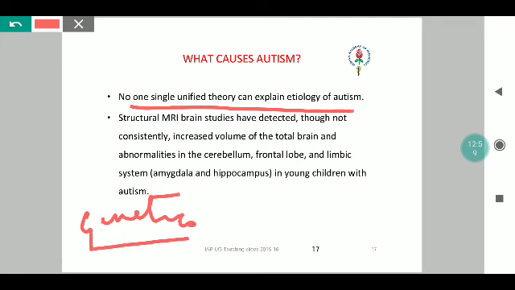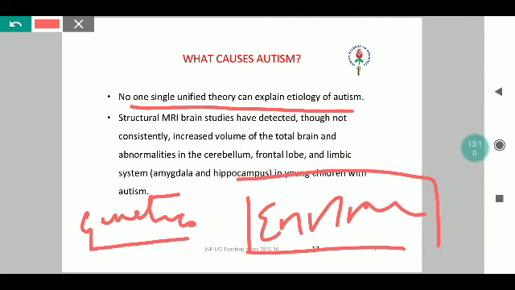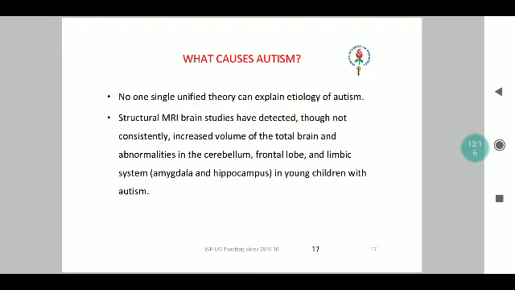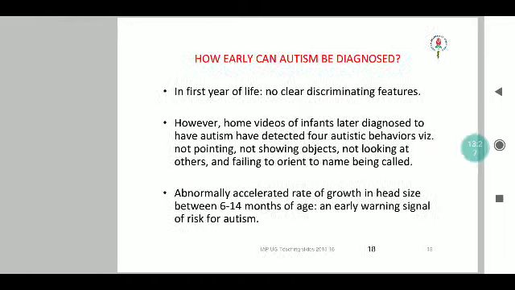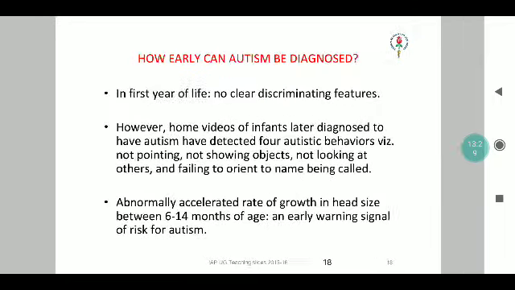However, there is also an environmental factor to play. Now, the presence of those genes makes the individual more prone to autism, but the environment in which that individual is present has a role as far as the expression of the genes is concerned at that appropriate age. Structural MRI studies of the brain have shown an increased volume of the total brain, certain abnormalities of the cerebellum, frontal lobe, as well as the limbic system in young children with autism, where the investigation has been done.